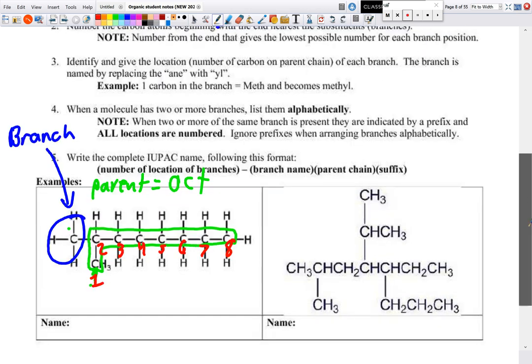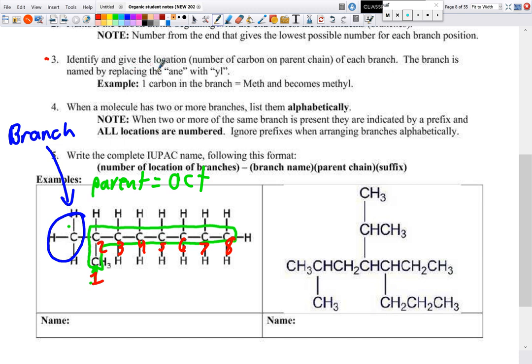Now let's look at step 3. Identify and give the location, the number of the carbon on the parent chain, and replace the ending of the branch name: if you name it like an alkane with A-N-E, you change it to Y-L. So if it's a 1 carbon branch, meth becomes methyl.